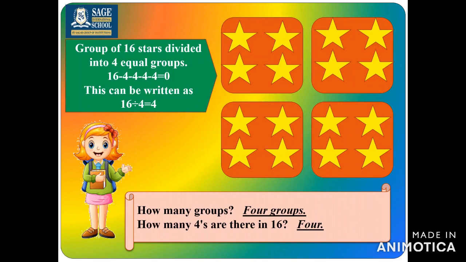There are 4 4s. So it can also be written as 16 divided by 4 to give us the answer as 4. So we have divided 16 stars into 4 equal groups to form 4 stars in each group.